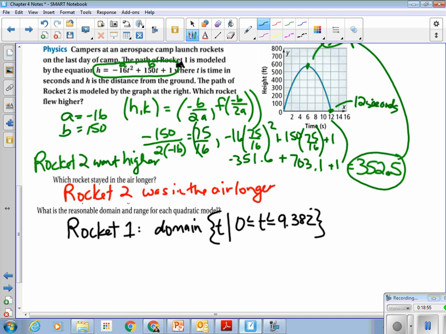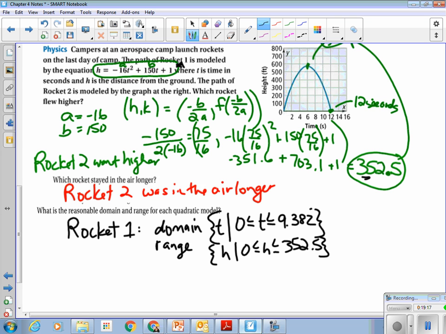And his range is all H values from 0 to, oh no, it's the 352.5.